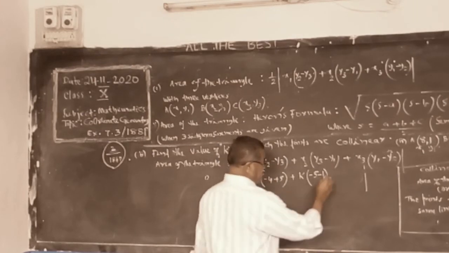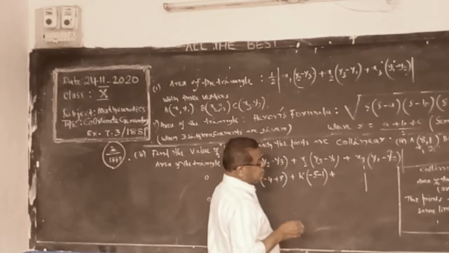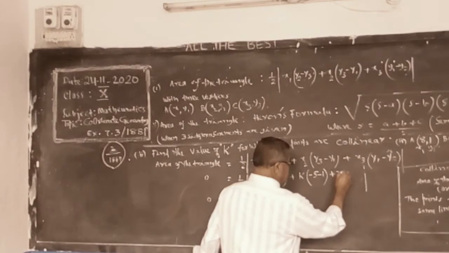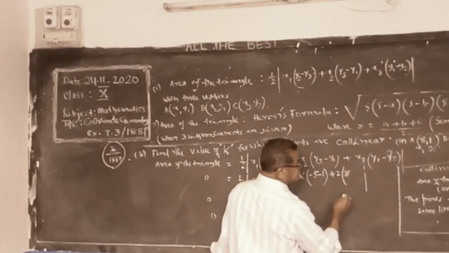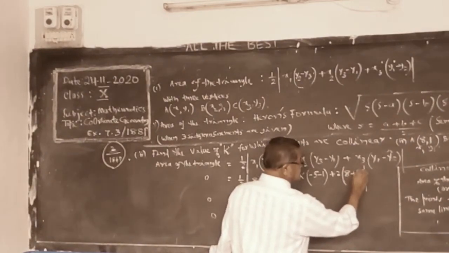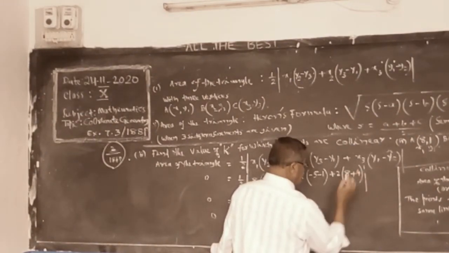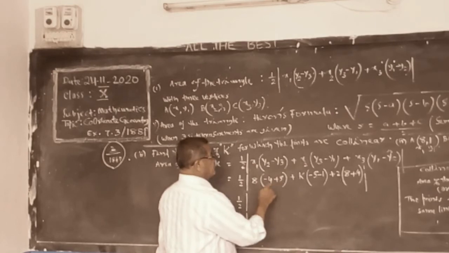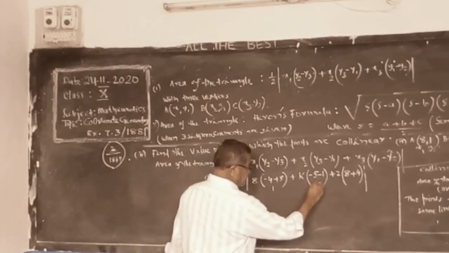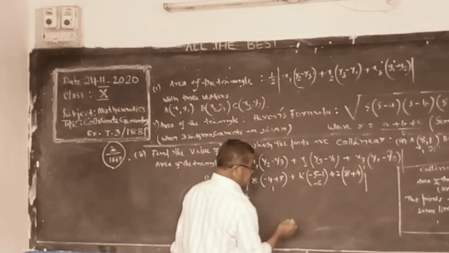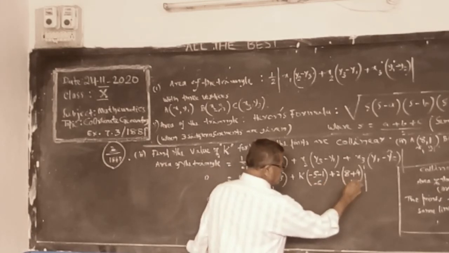Plus x3 is 2, y1 minus y2 is 1 minus (minus 4), which becomes plus 4. Simplifying: 5 minus 4 is 1, and minus 5 minus 1 is minus 6, and 1 plus 4 is 5.